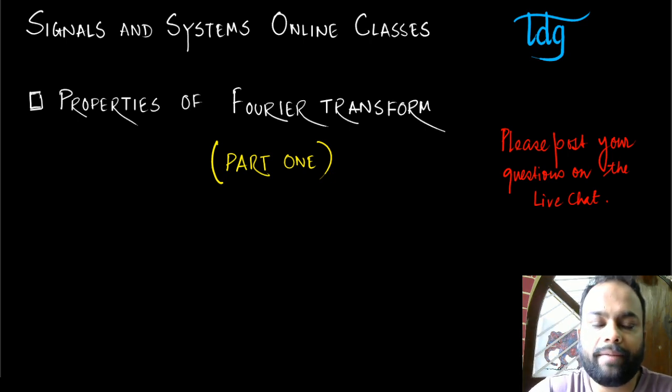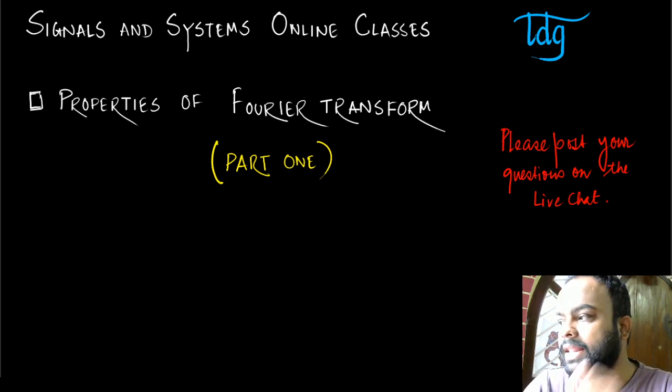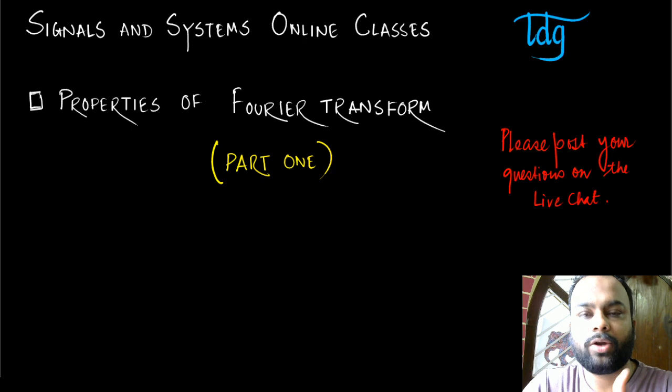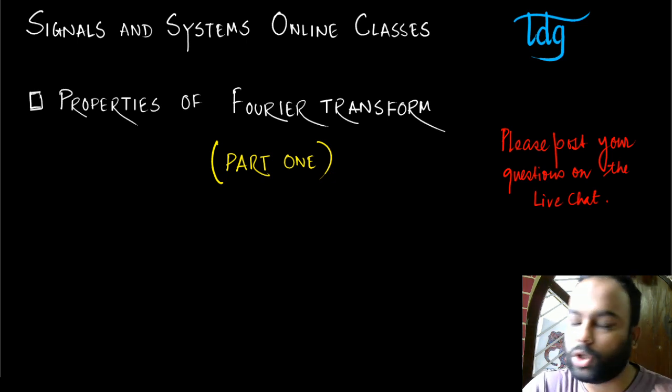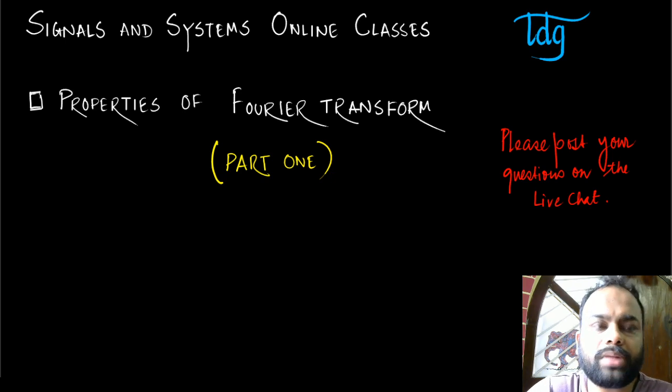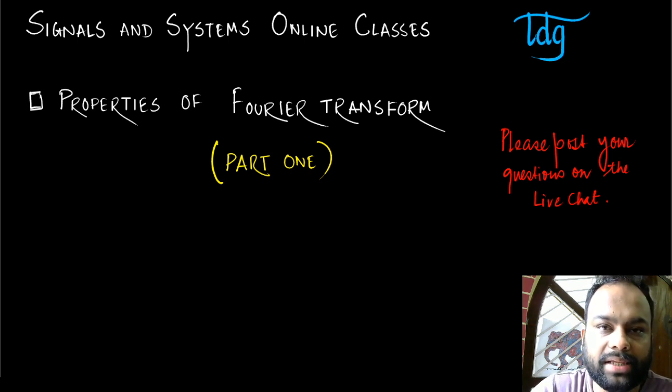Proceeding in the standard way, like doing everything from scratch, is not an option for anybody. That is why we have plenty of properties of Fourier transform. We use those properties to more easily analyze properties of systems and signals. So that is going to be our agenda today.